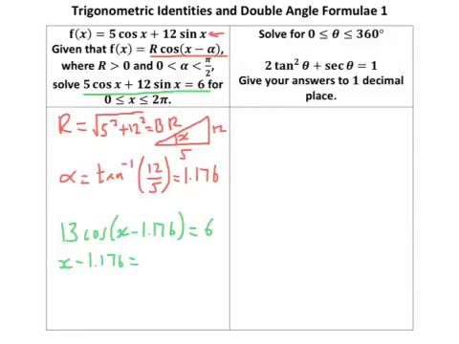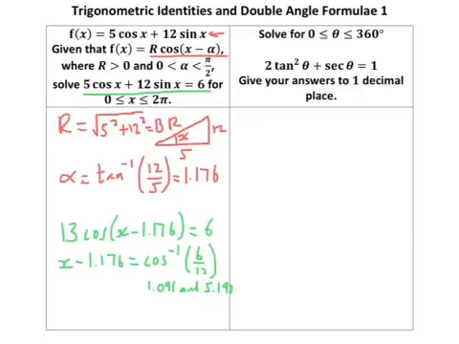And so therefore I'm going to get x minus 1.176 equals cos to the minus 1 of 6 over 13, which gives me 1.091, and because we're going to have more than one solution, 5.192, excellent.